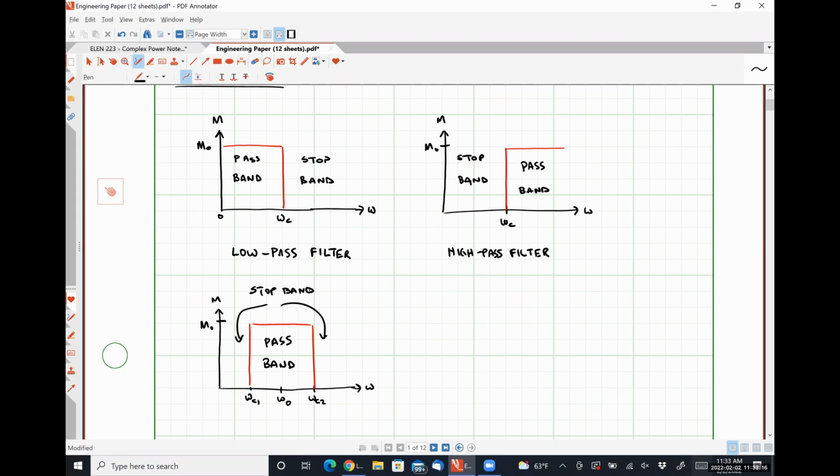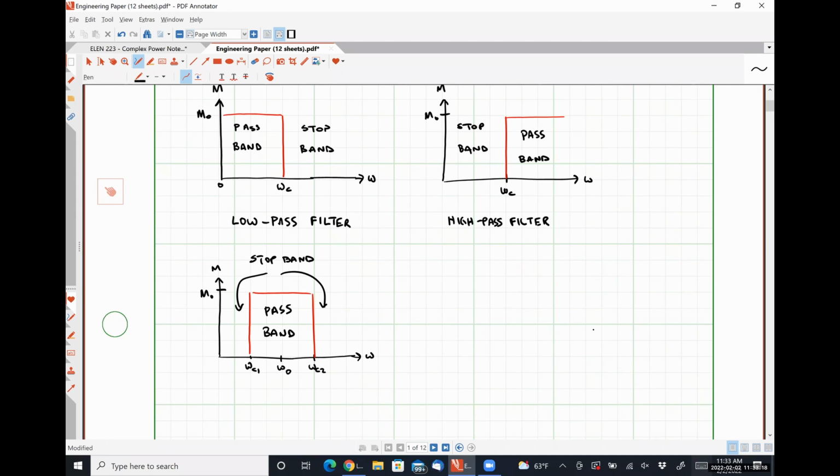For a band pass filter, we require at a minimum a second order circuit. We need two uncoupled energy storage elements to achieve a response similar to this.